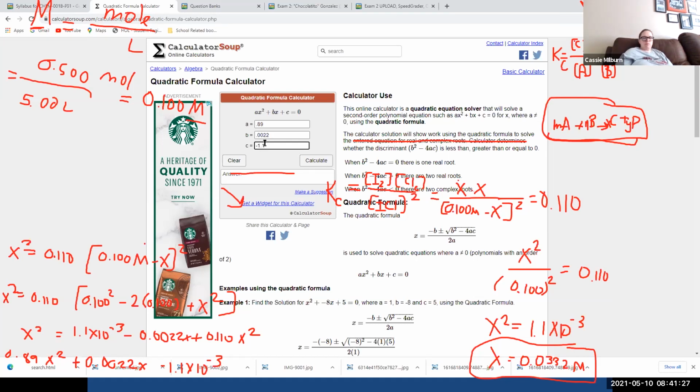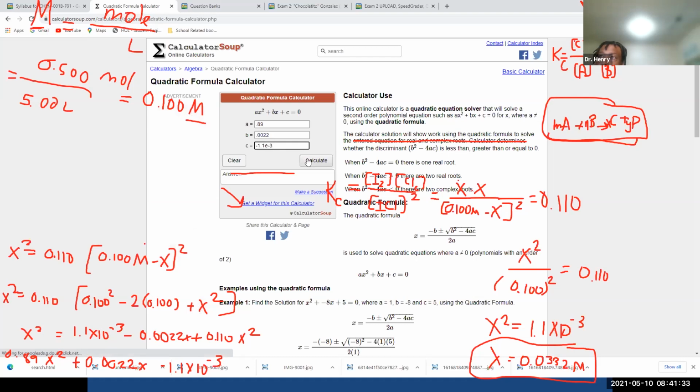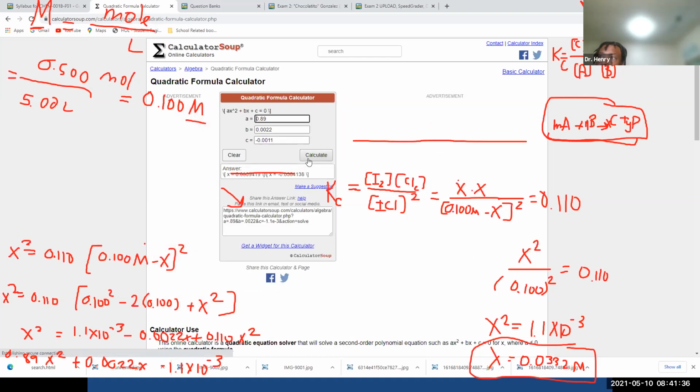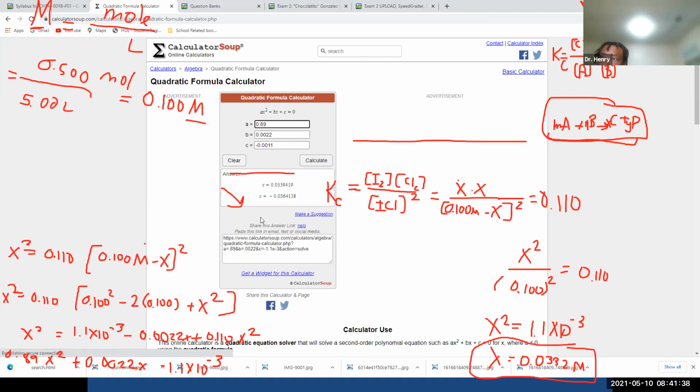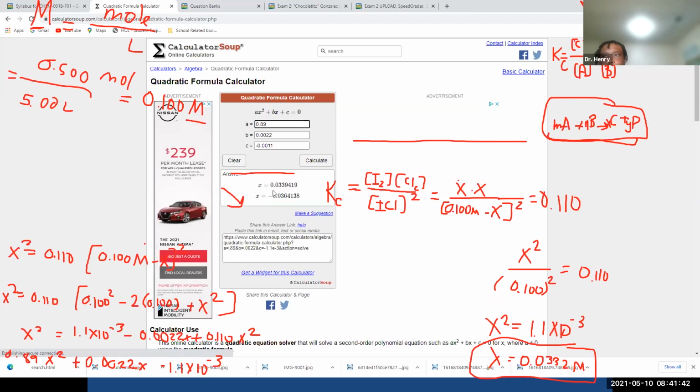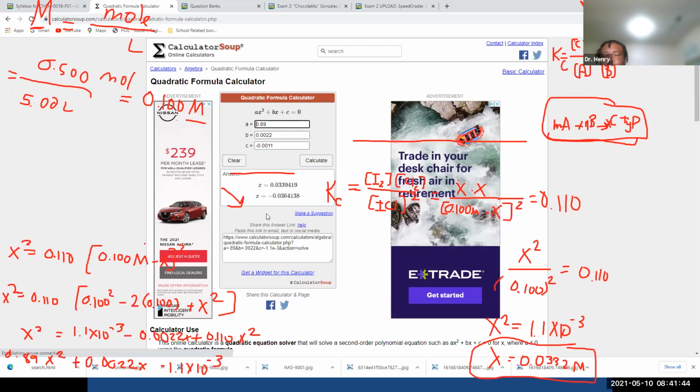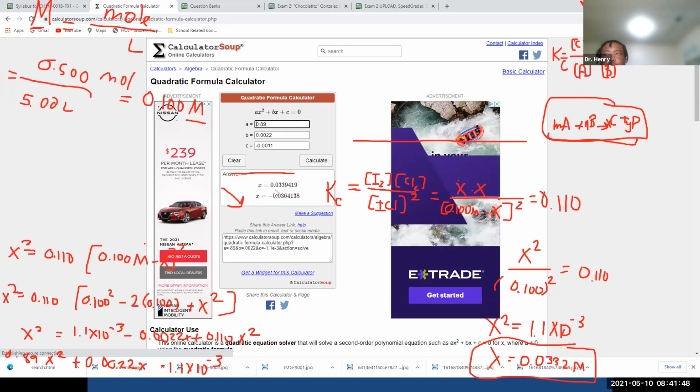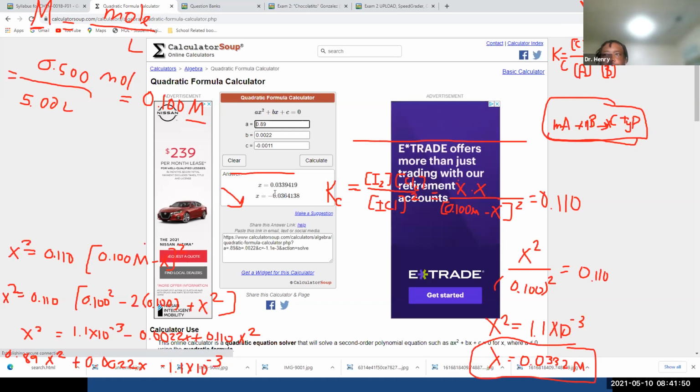Hopefully they'll accept it. Okay, so x could either be a positive value or a negative value. We know it's not going to be a negative value because there's nothing for it to take away from. So it has to be the positive value, 0.03394.